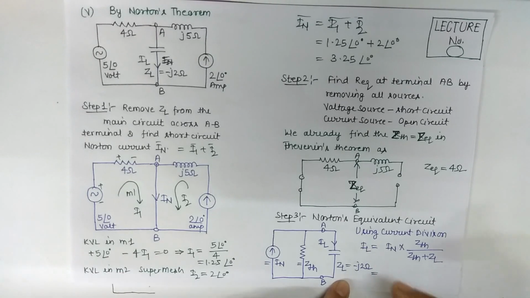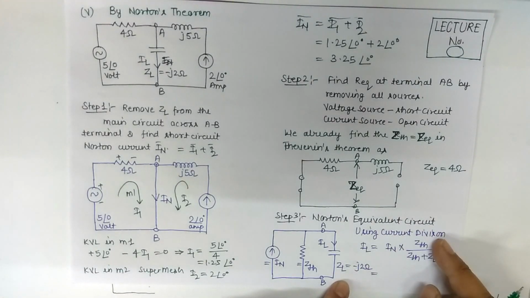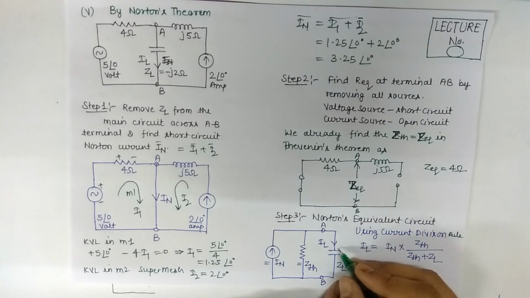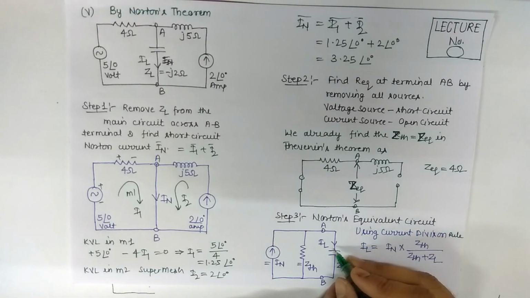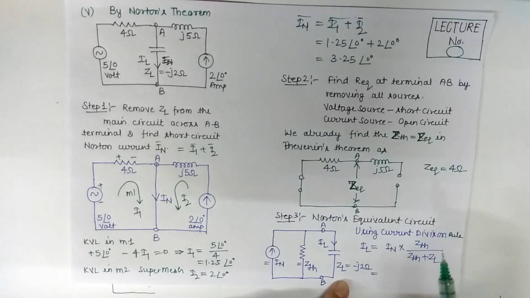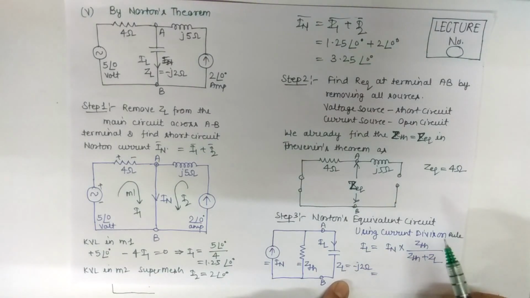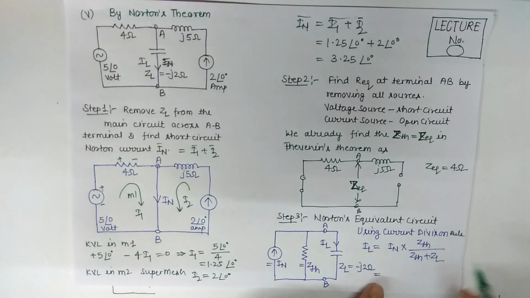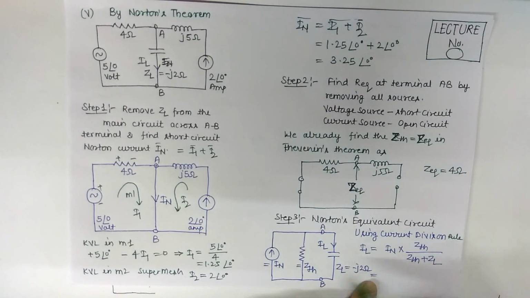So now here we apply the current division rule. We find out IL. So when we find out IL, this is the main current IN, and taking in the denominator those impedances which are in parallel. So we consider this ZTH in numerator, and denominator is the whole impedance ZL plus ZTH.